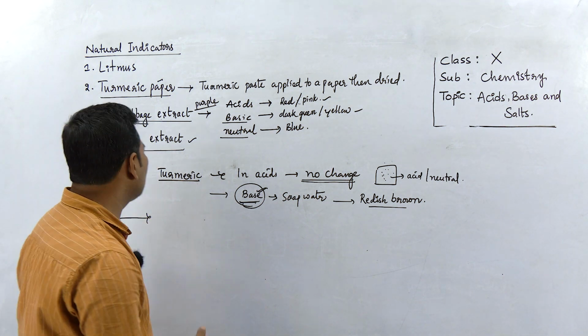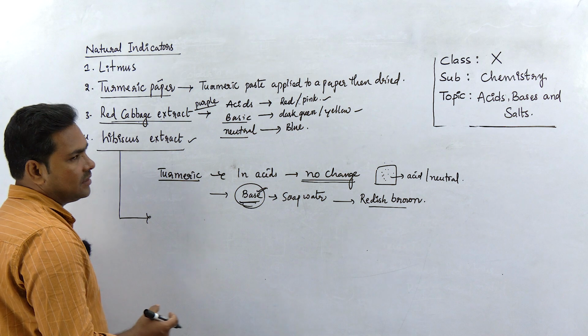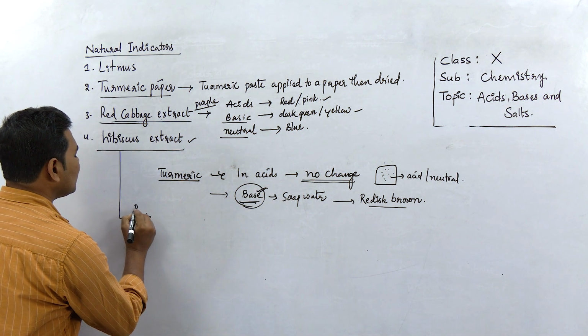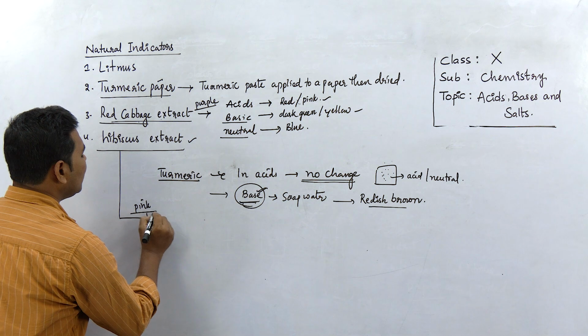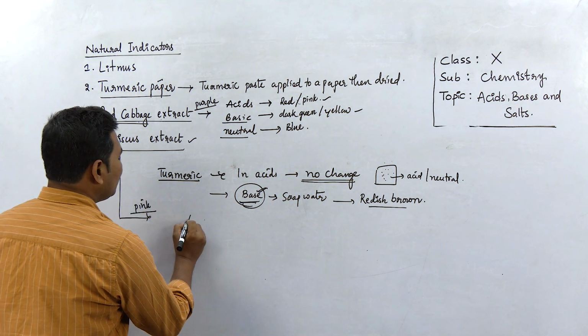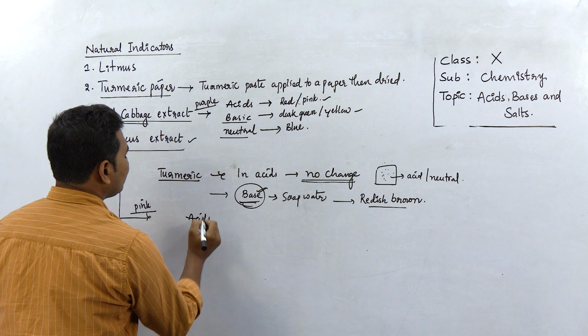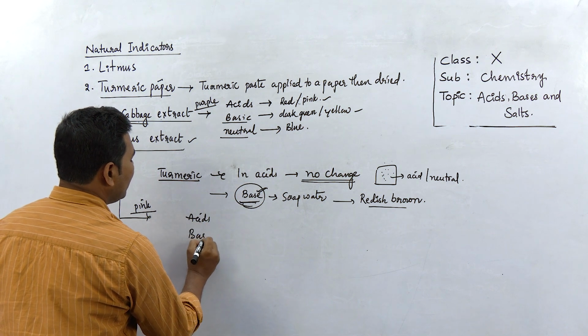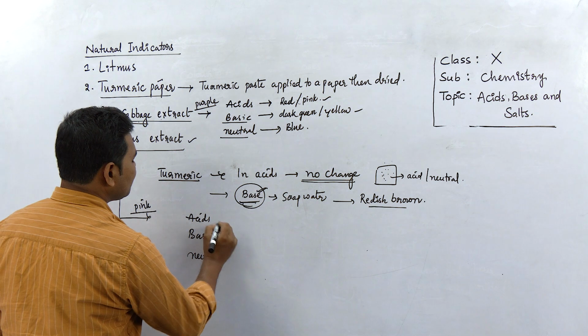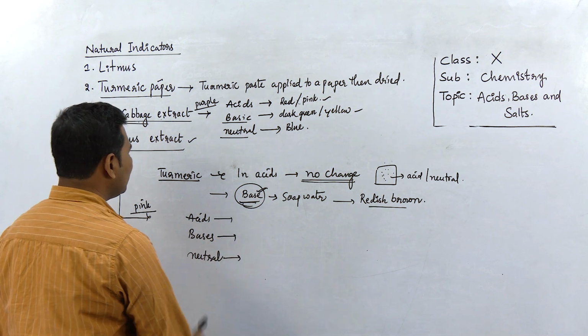It actually turns to pink color. And this hibiscus extract is then added to acids, bases, and neutral solutions, and it changes its color.